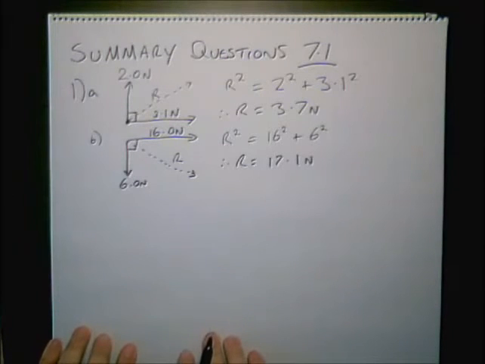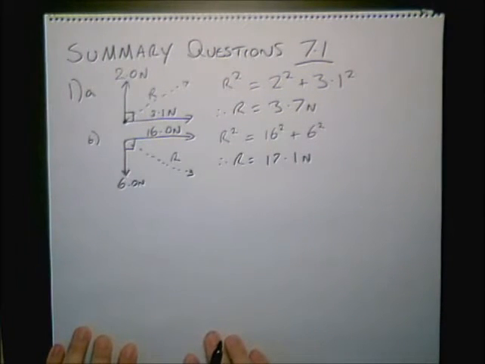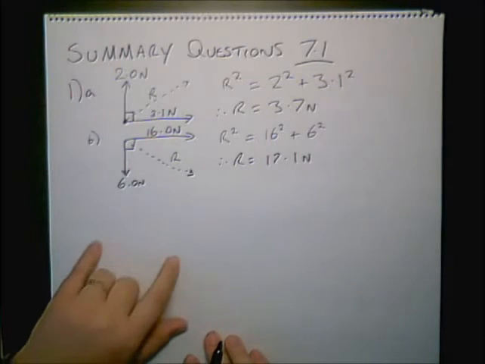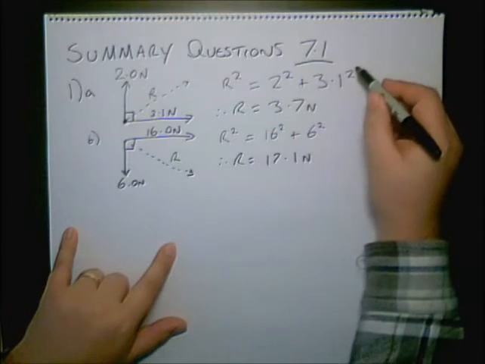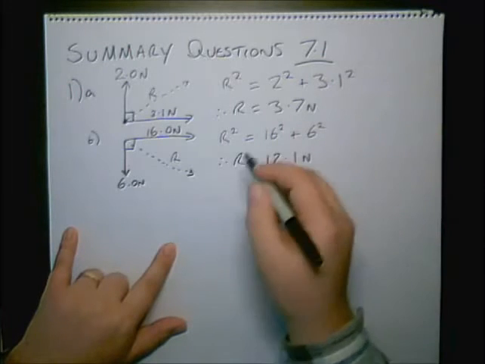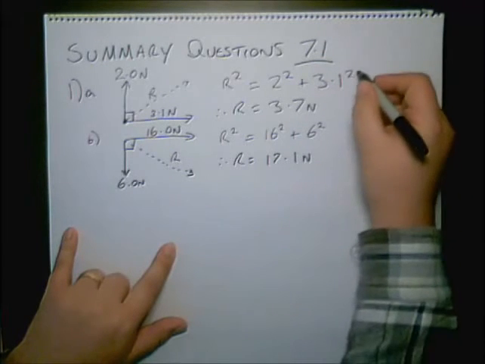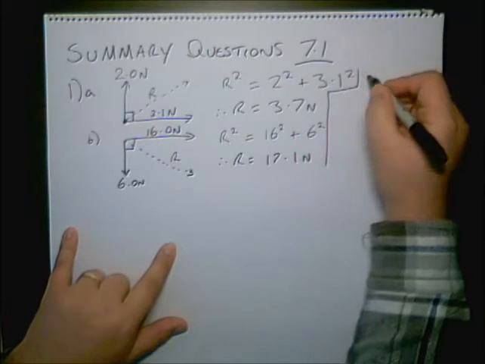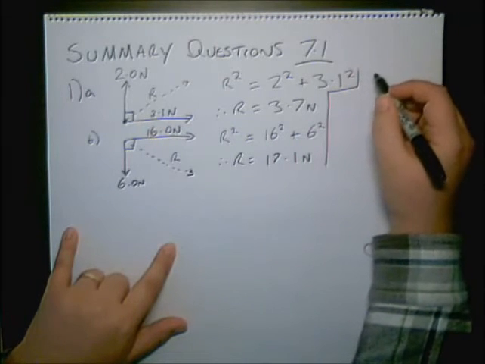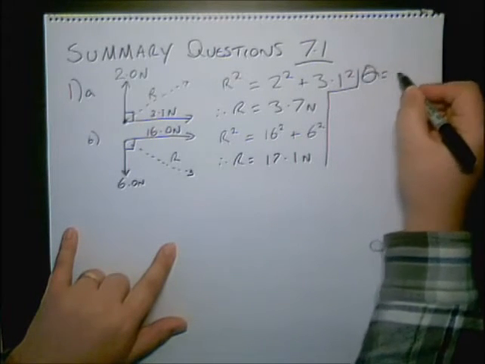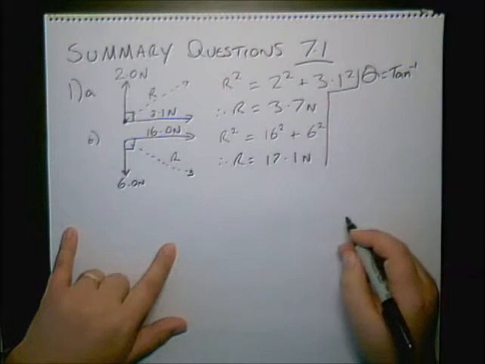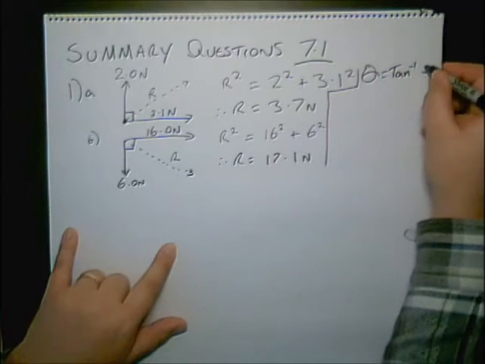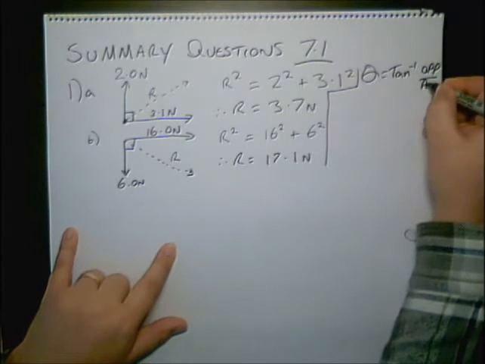Now, for both of these we need to calculate the angle, and for the angle we're going to use the tan function. And we know that for A, and for both of them, theta will be equal to tan to minus 1 times the opposite over adjacent.